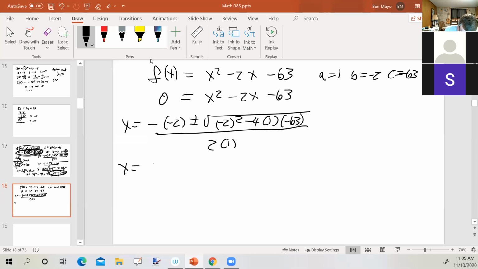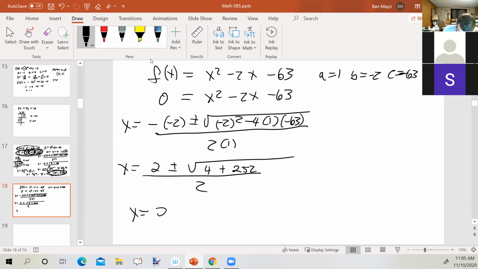So x equals 2 plus or minus the square root of 4 plus 63 times 4, which is 252, all over 2. X equals 2 plus or minus the square root of 256 all over 2. The square root of 256 is 16.